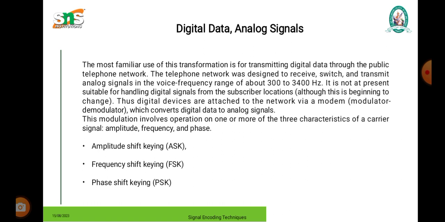The most common form is binary FSK, or BFSK, where the two binary values are represented by two different frequencies near the carrier frequency. The last is phase shift key, where the phase of the carrier signal is shifted to represent data. It is classified into three types: 2-level PSK, 4-level PSK, and multi-level PSK.